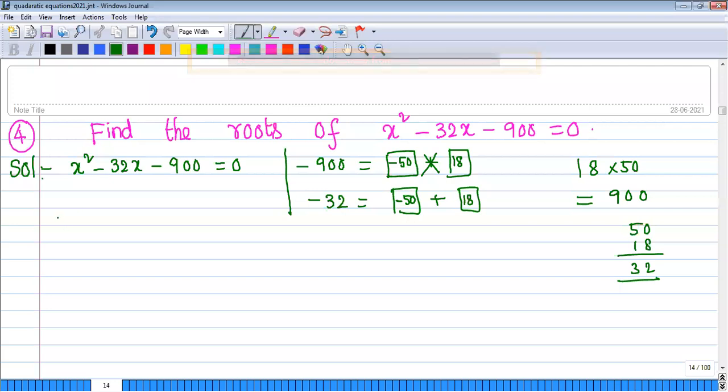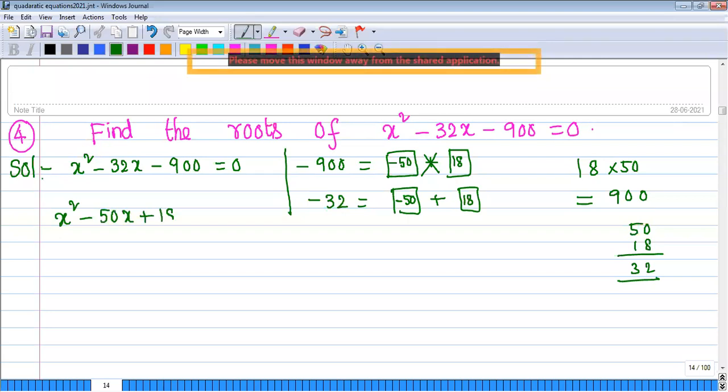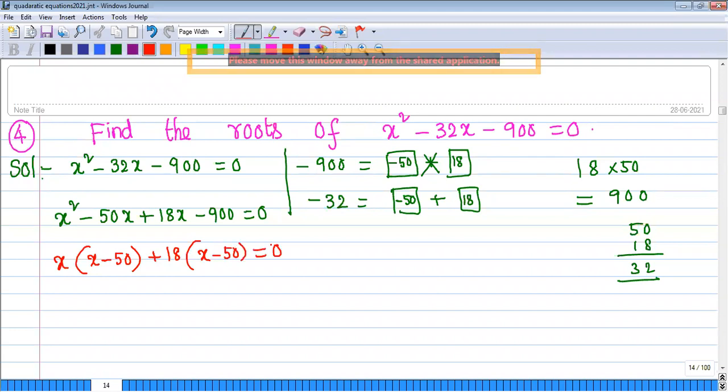So here we can write x square minus 32x, we can write minus 50x plus 18x minus 900 is equal to 0. From the first two terms, let us take x common. We have x minus 50, plus 18 common. Take x minus 50 is equal to 0.